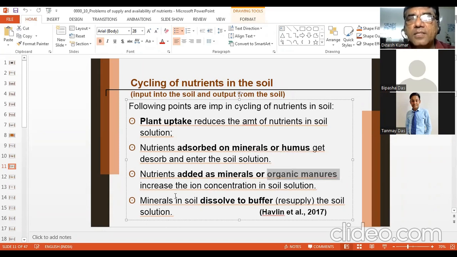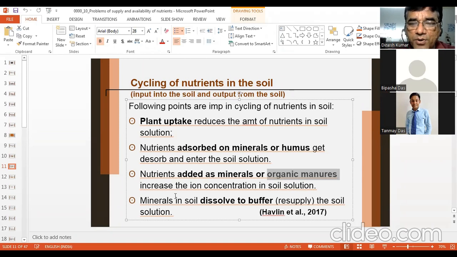They can also increase the concentration of soil solution. Of course, organic manures will take time, but even in certain organic manures, inorganic minerals may be there, like in farmyard manure. Farmyard manure may also contain certain nitrogen in inorganic form because it is already decomposed for 6 months.